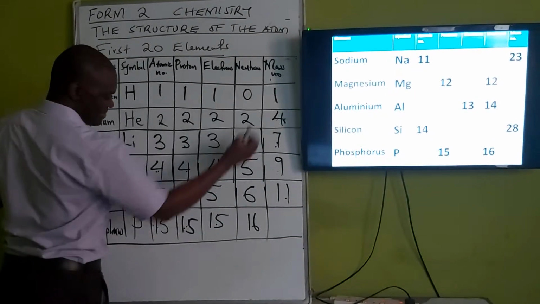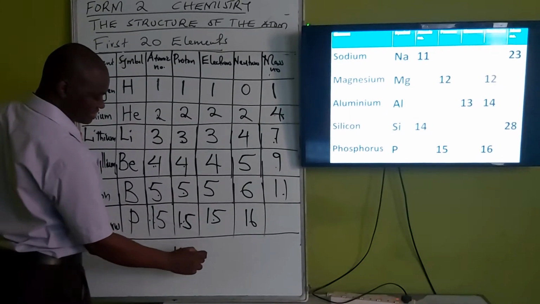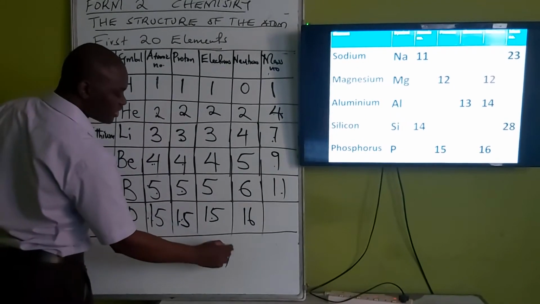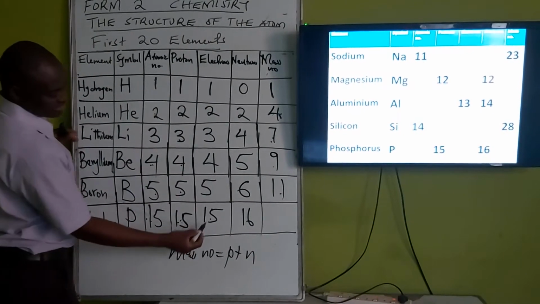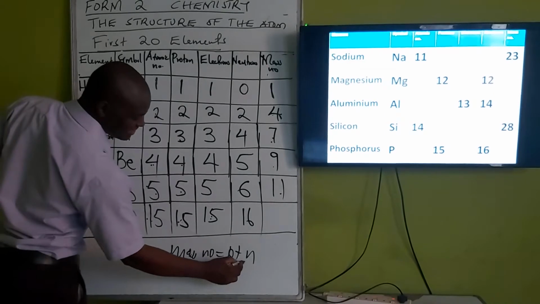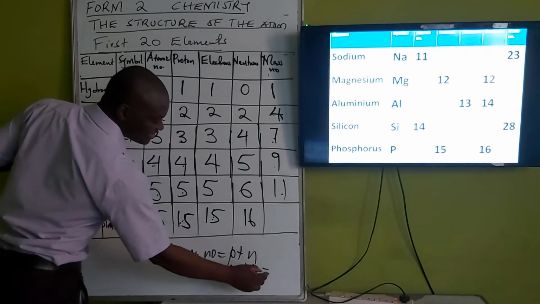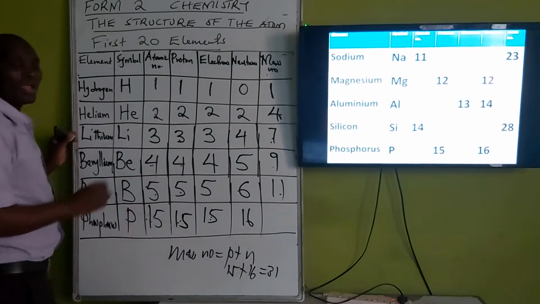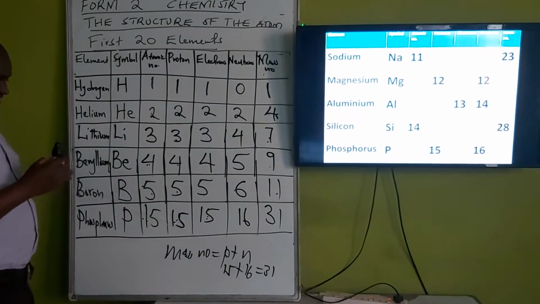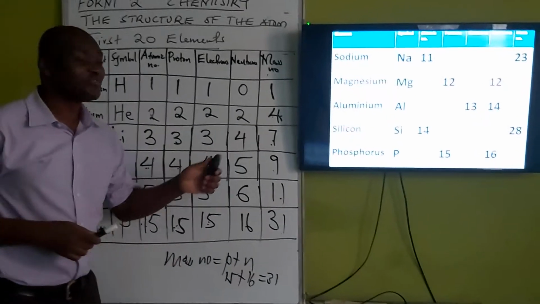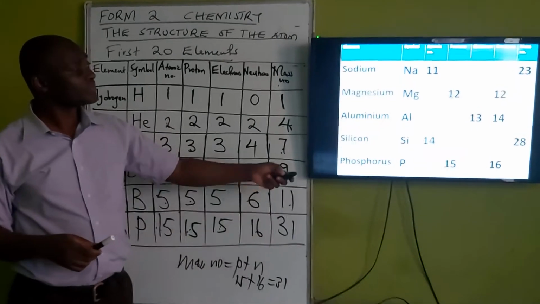Again, mass number is equal to protons plus neutrons. Protons are how many? 15. Neutrons are 16. You get 31. So the mass number of phosphorus is 31. That is how you fill that part of the table.